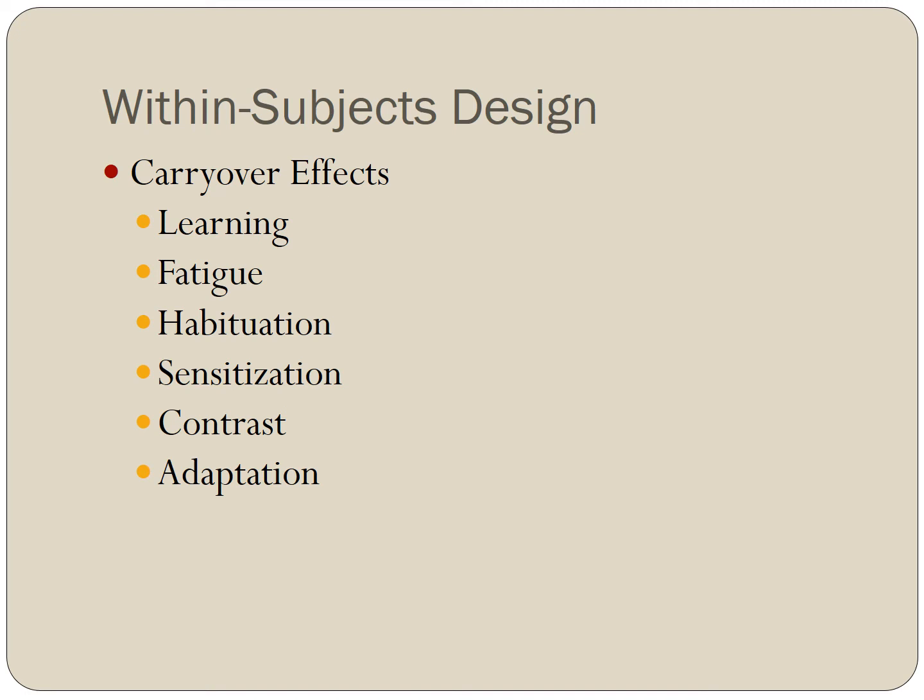So the later conditions, they might do better, not because the noise had changed, but because they learned how to be better at that memory test. So that's learning. Something that subjects learn in earlier conditions can help them out in later conditions. So how they learn is a confounding variable. It can affect later conditions.